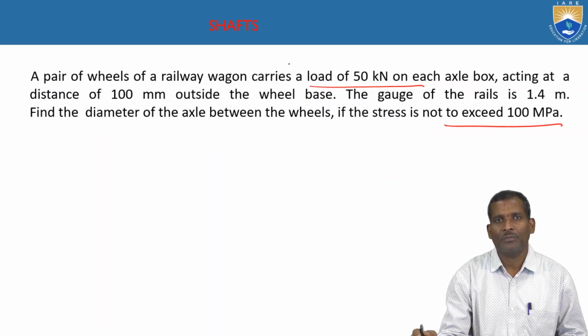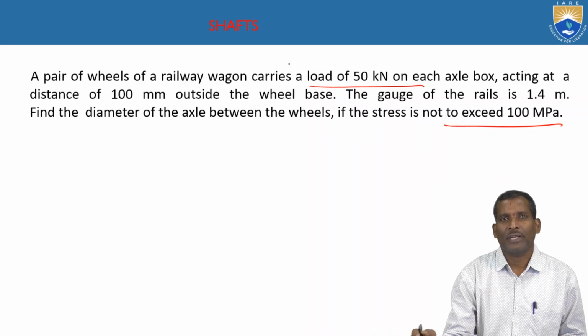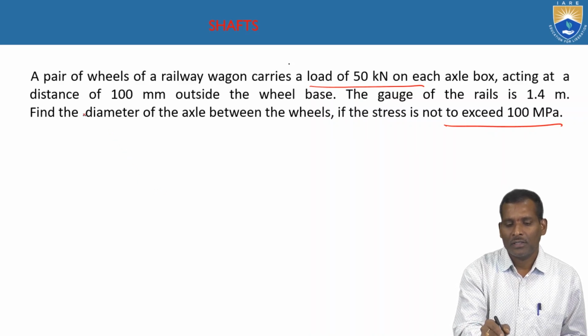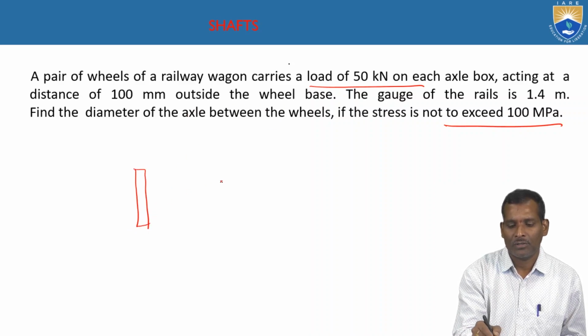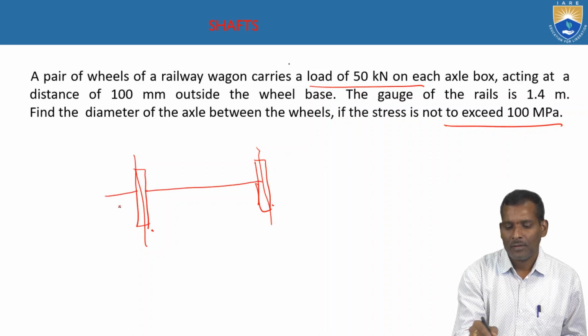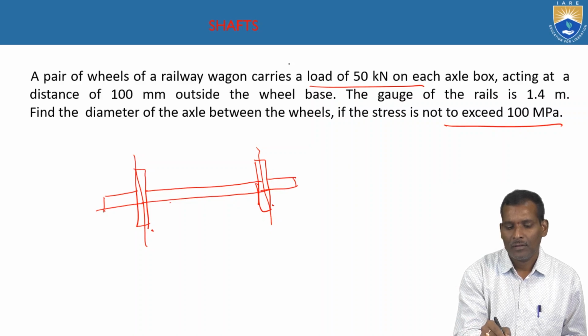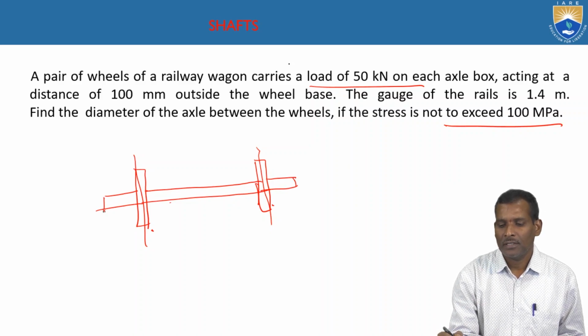So for this problem, first you have to draw the schematic diagram, that is a free body diagram for the given problem. The pair of wheels of a railway wagon carries a load. These are two rails. The shaft is arranged like this.